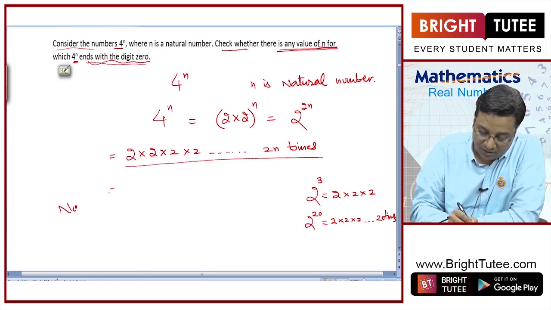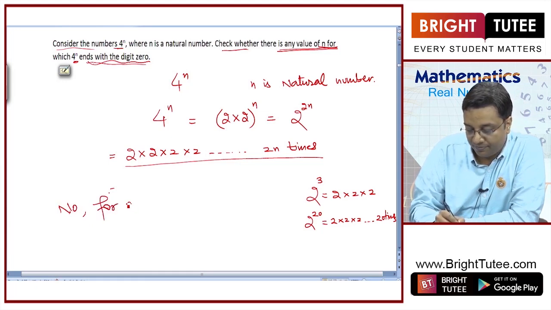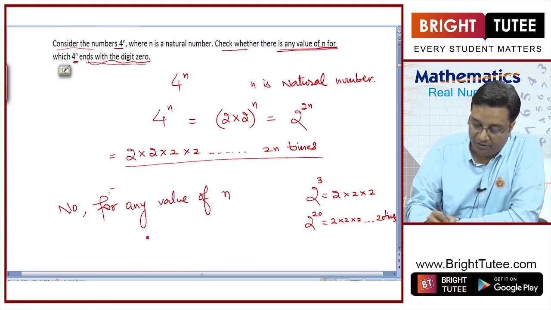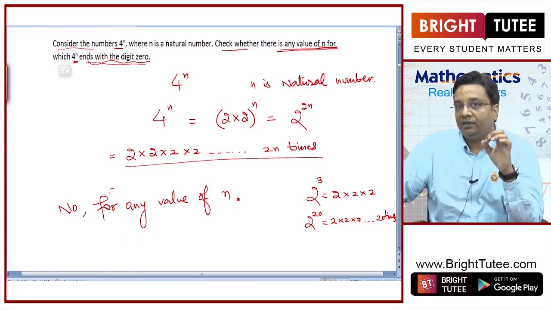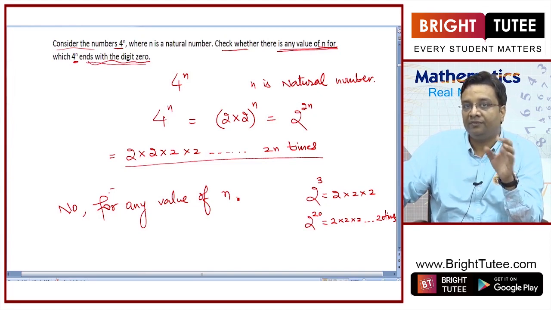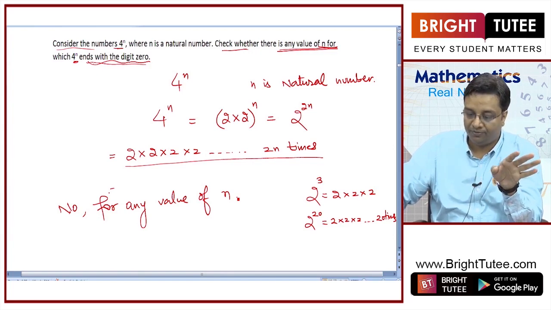No. For any value of n, it will not produce 0. 4 raised to power n has got only 2's in it, and without 5 present, we cannot form a 0, okay?